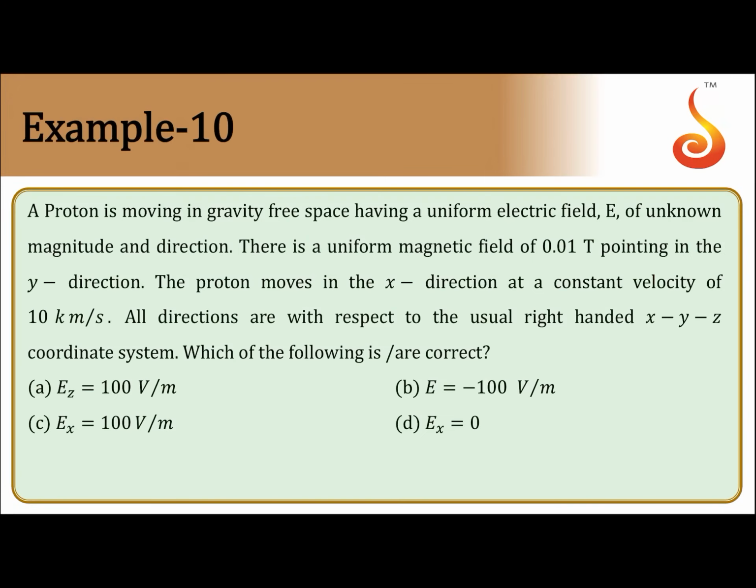Now question number 10 is, a proton is moving in gravity free space having a uniform electrostatic field E of unknown magnitude and direction. There is a uniform magnetic field of 0.01 Tesla pointing in the y direction. The proton moves in the x direction at a constant velocity of 10 km per second. All directions are with respect to the usual xyz coordinate system. Which of the following are correct?